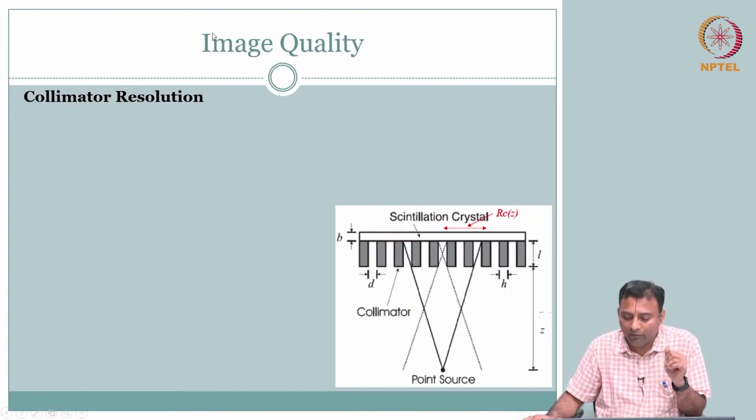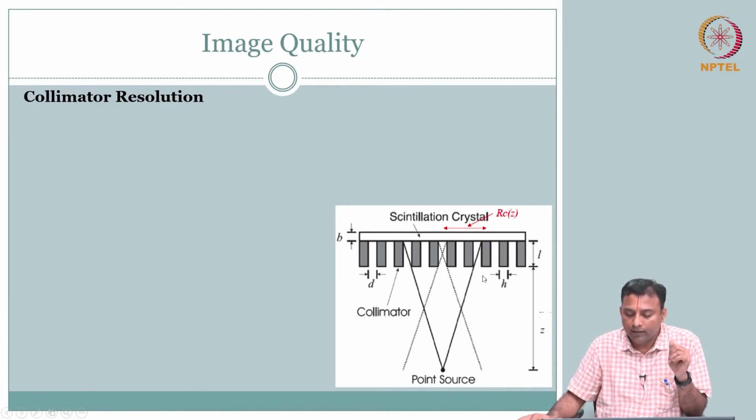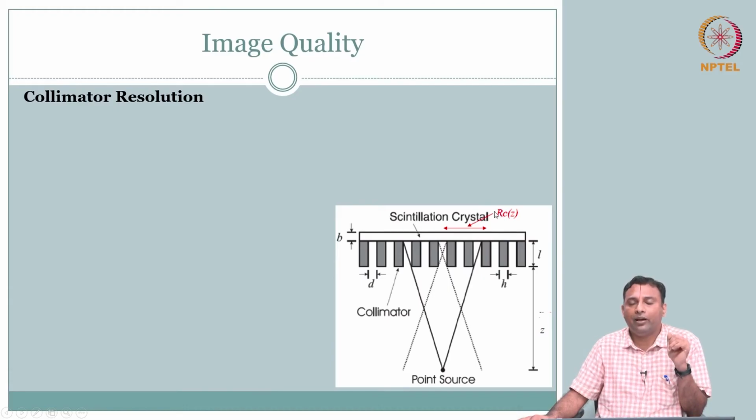So, what we have is the crystal, and in front of that you have the collimator with its configuration, a length, a height. So, you have a point source at some distance z. If you call this RC of z, the resolution of the collimator at z, then 2 times this is the full width. What is the definition of resolution we have been using?